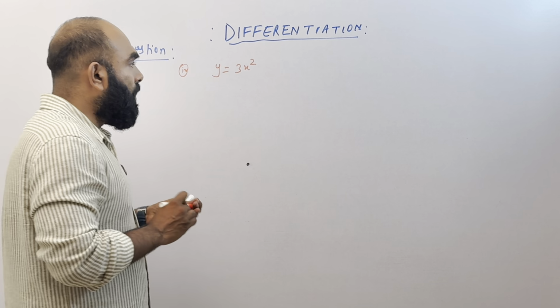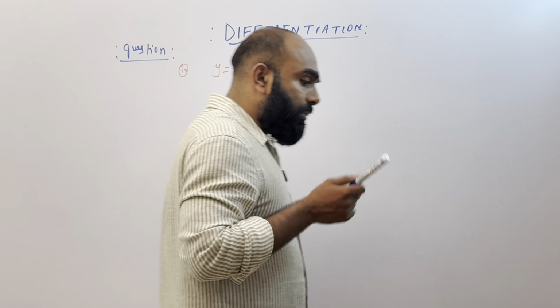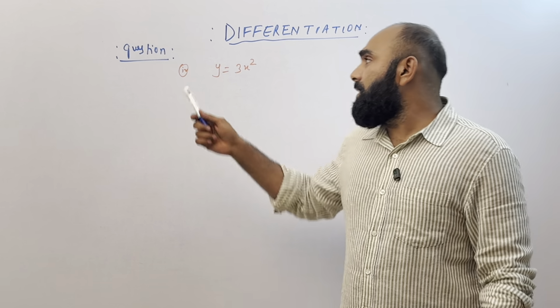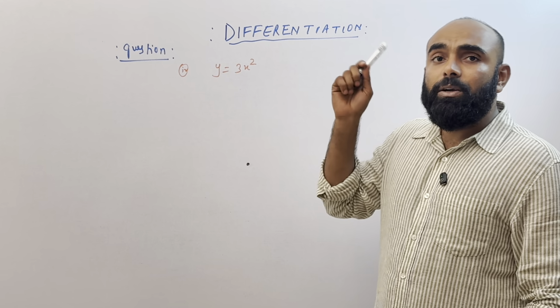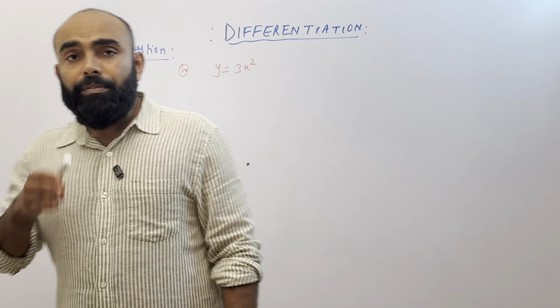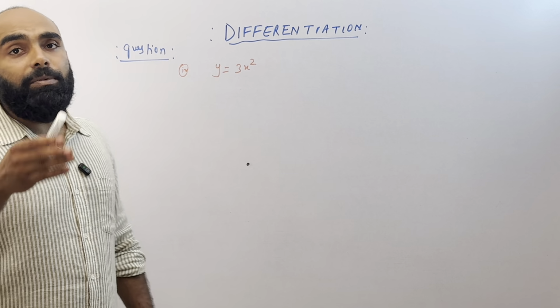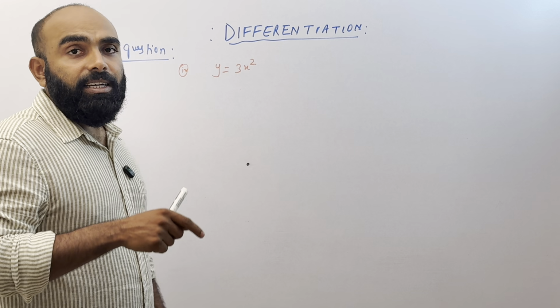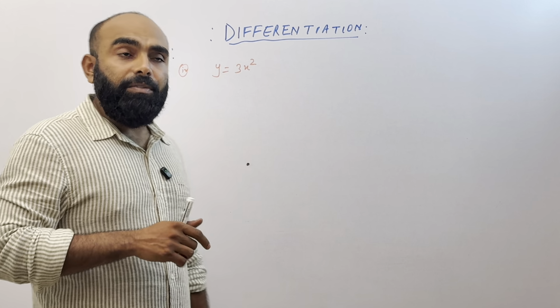Note it down. Rule: if a constant is multiplied with the variable, take the constant outside and then differentiate the given function.